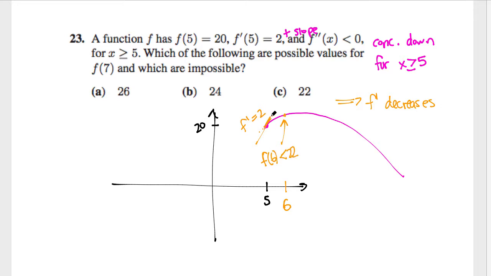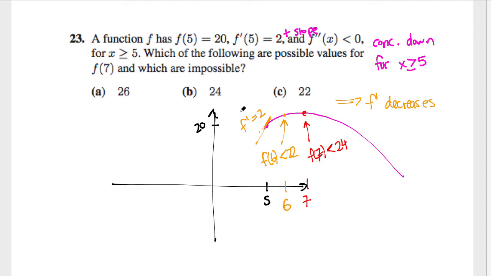Because my slope at f of 5 is 2, that means my slope is getting lower from that point, so I can't have gone up more than 2 from 5 to 6. So at x equals 7, this right here has to be less than 24, because again, I cannot go up more than 2 from 6 to 7.